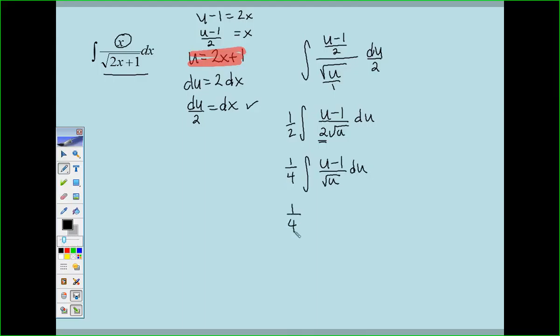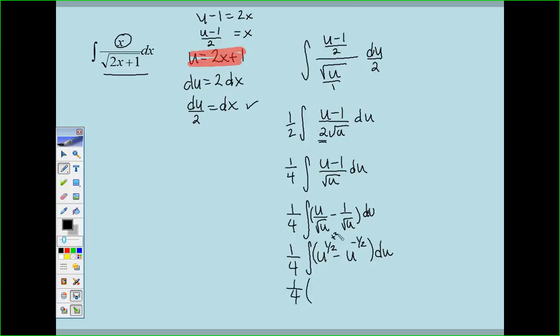And then let's rewrite this by dividing each term in the numerator by the square root of u. So this would become, now u divided by the square root of u is u to the 1/2, and then the next term is just going to be u to the negative 1/2. Now taking the antiderivative, we're going to add 1 to the exponent.